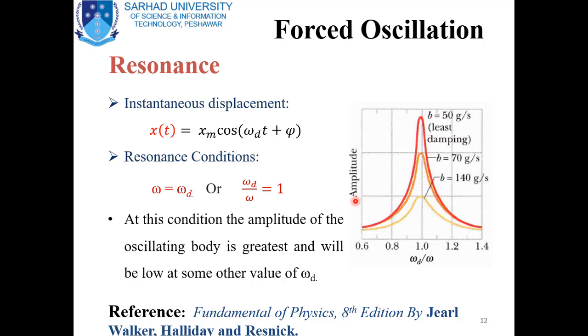So the amplitude of the oscillator will be maximum when this condition occurs. This is the amplitude of the forced oscillation. It will be maximum only when omega is equal to omega d, and the curve will reduce as you move left or right of this peak point. So these are the resonance peaks, and the phenomenon is known as the resonance phenomenon.